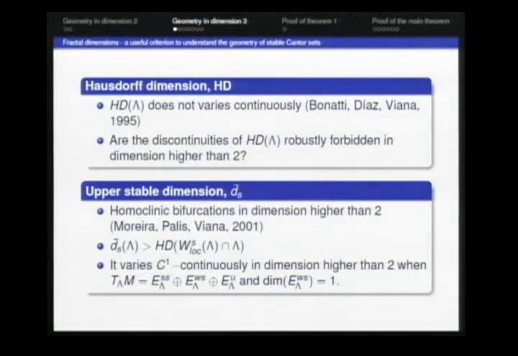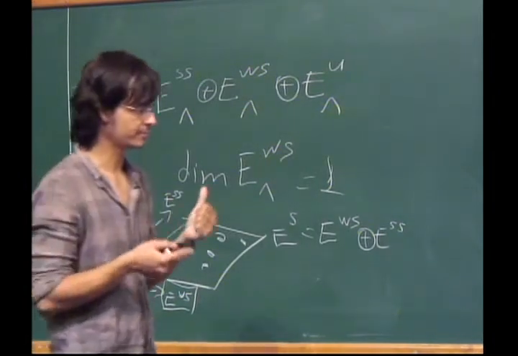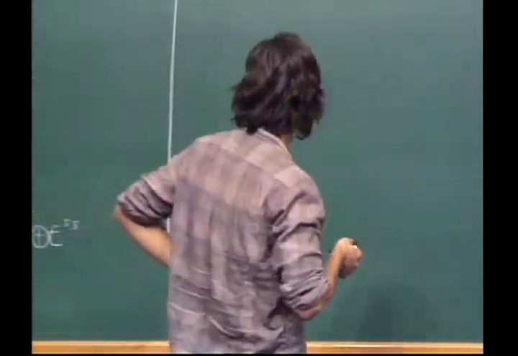And so we will take a concept from a work by Palis, Viana, and Gugu, of upper stable dimension. I would like to point out that this work is a generalization of the previous work on Palis-Balzan homoclinic bifurcation to a higher dimension.